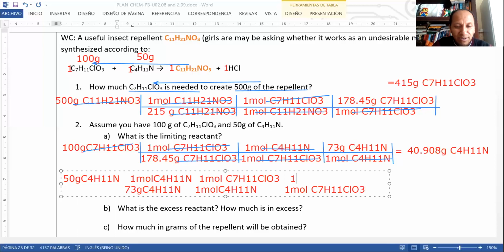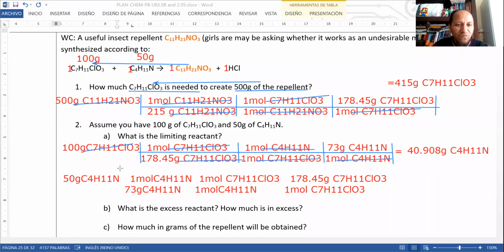We calculated 178.45 grams of C7H11ClO3. If you got it, then you're going to find a different mass, which is really interesting. Let's pass that to conversion factors at this moment.